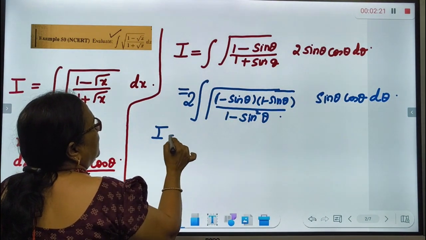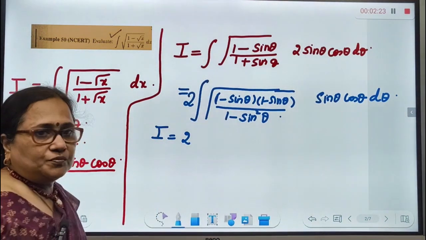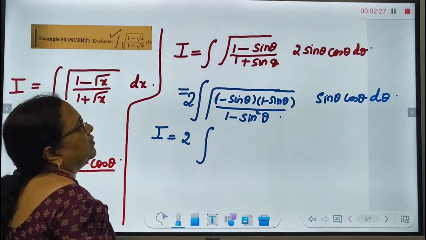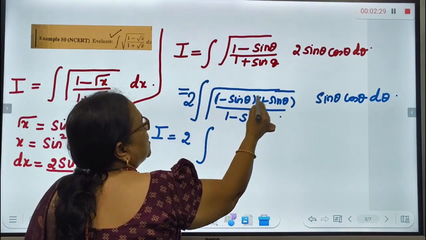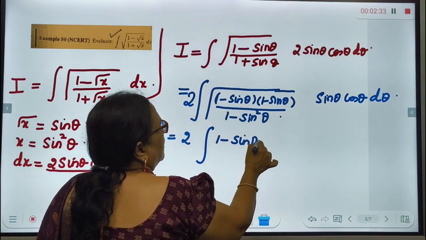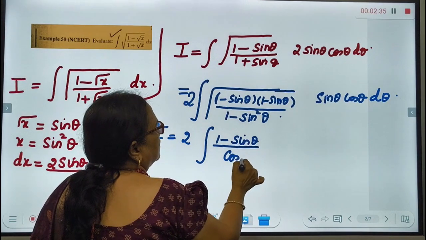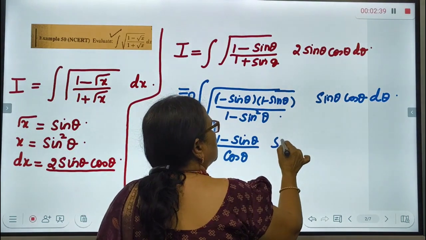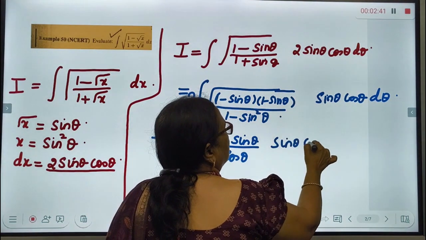So I will be 2 into the integral of (1 minus sine theta) the whole square. If I take root, I will get (1 minus sine theta) by cos theta. Square root of cos square theta will give me cos theta, into sine theta cos theta.